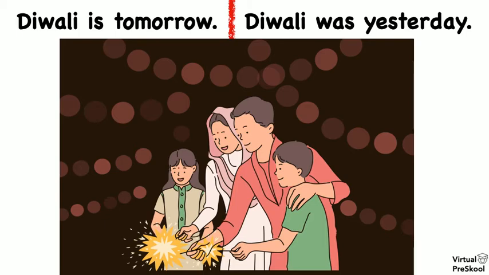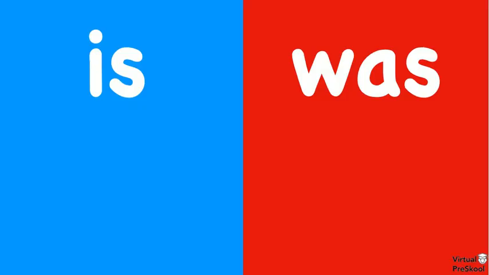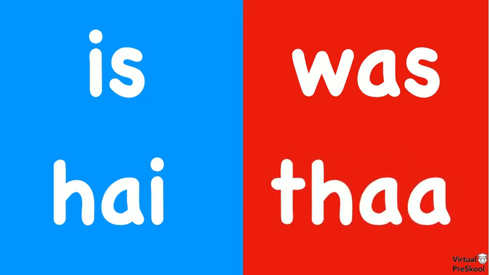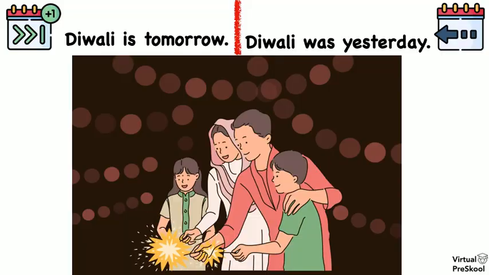In English, we would say Diwali is tomorrow and Diwali was yesterday. The key words are is and was. The way to say is in Hindi is hai, and was is tha. Diwali is tomorrow means it hasn't happened yet, and Diwali was yesterday means it's already happened.